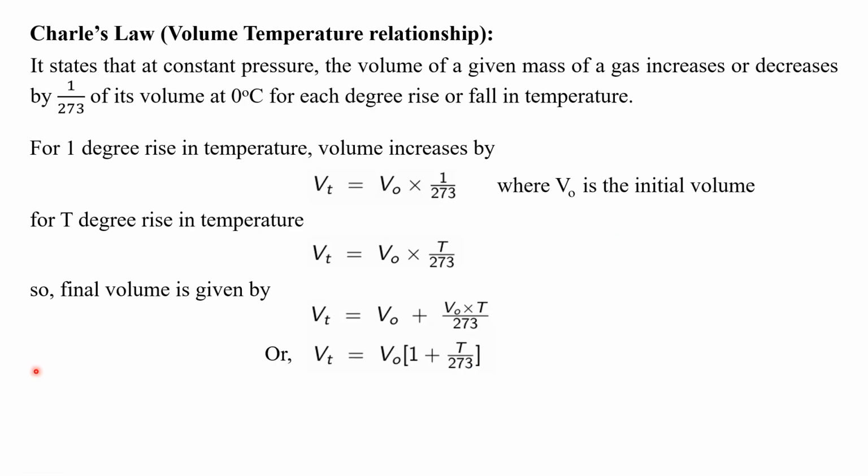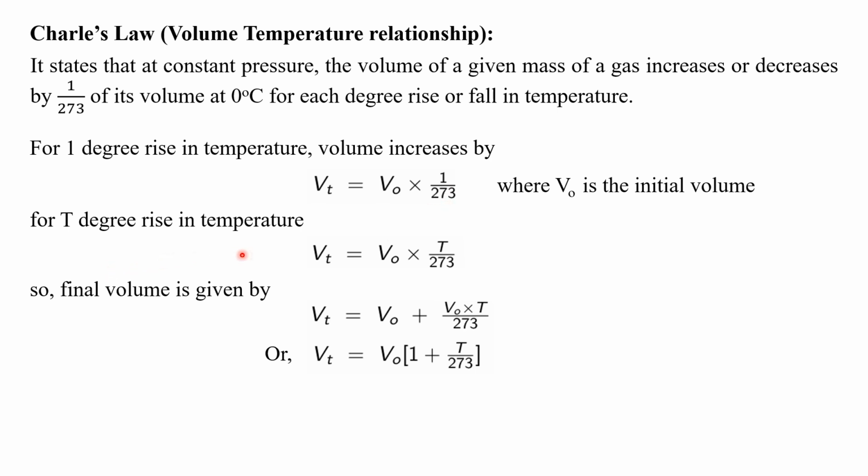Next, Charles' law, that is the volume-temperature relationship. It states that at constant pressure, the volume of a given mass of a gas increases or decreases by 1 by 273 of its volume at 0 degree Celsius for each degree rise or fall in temperature. For 1 degree rise in temperature, the volume increases by V0 times 1 by 273.